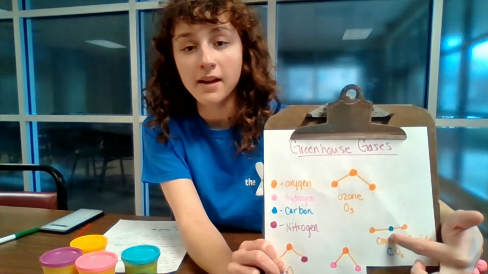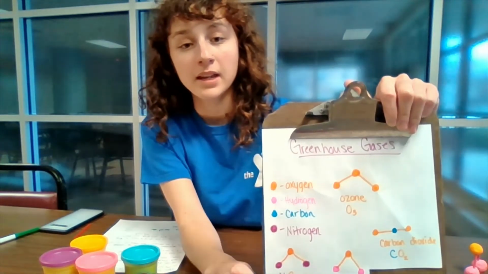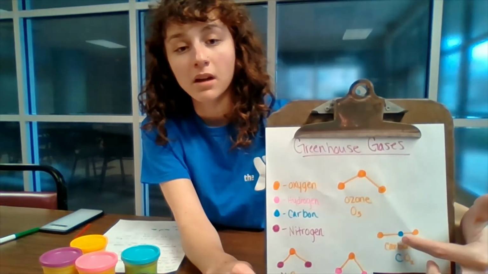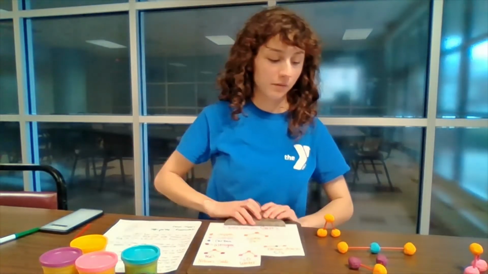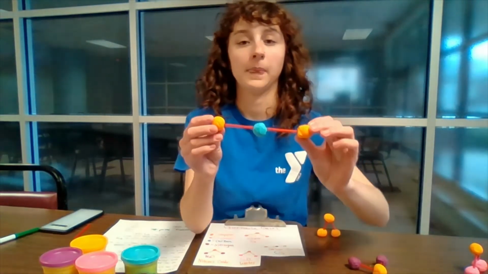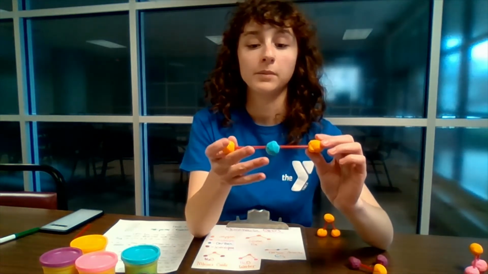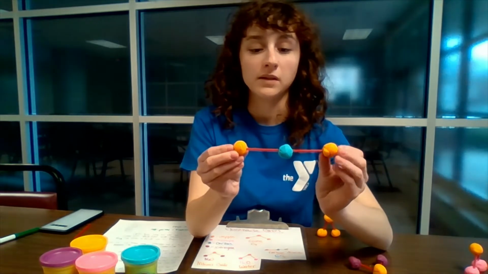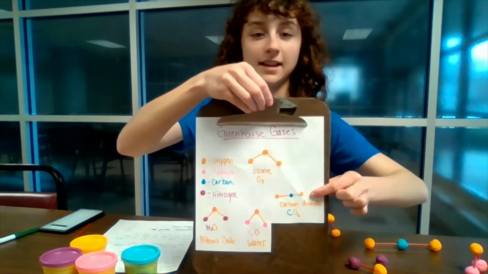And then we also have carbon, and that's a different element right over here. And there is 1 carbon atom. My model for that is right here. So we have the 2 oxygen atoms and then our 1 carbon atom. And then when we put these all together, it makes carbon dioxide.